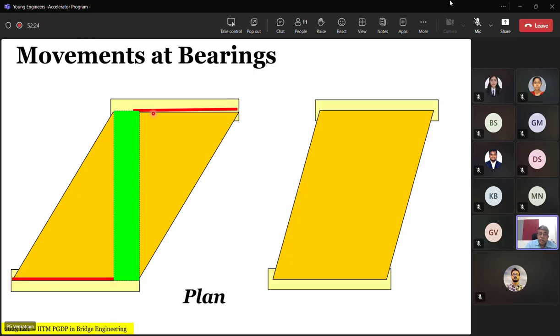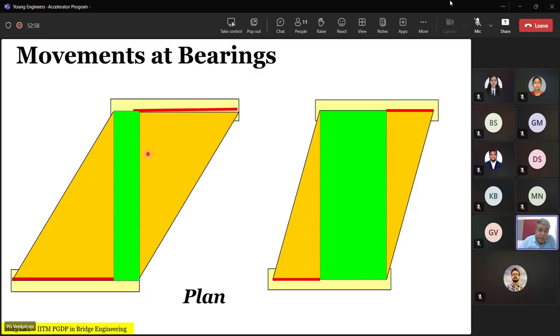This is the potential zone of uplift. On the other hand, if the width is the same, the span is the same, but the skew angle is less, then the normal load path with near uniform deflection from width to width increases and the uplift points reduce. This is the point I wanted to make: it depends upon the skew length, the skew angle, and the width of the deck.